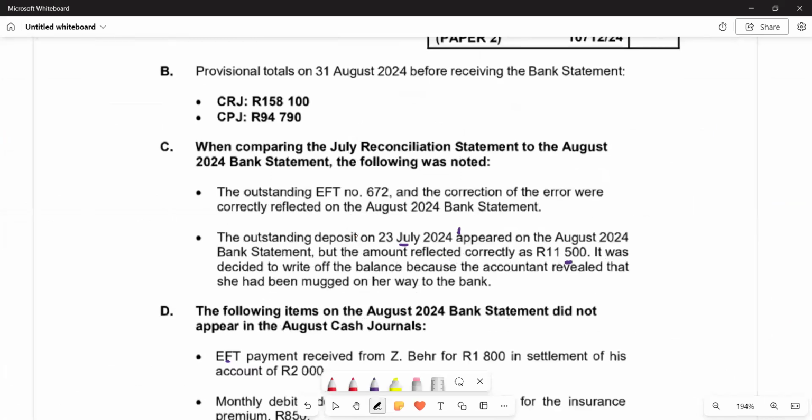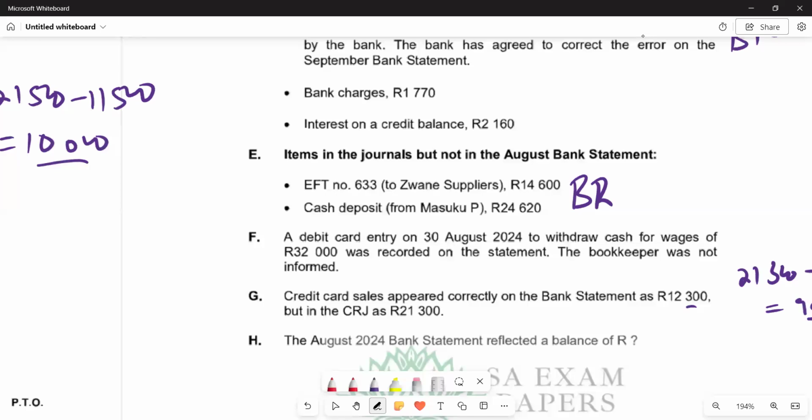If we come at information H, it reads the August 2024 bank statement reflected the balance of R, and it's a question mark, which means we are not given the opening balance. We are going to get it as a balancing figure. So we are just going to leave it.